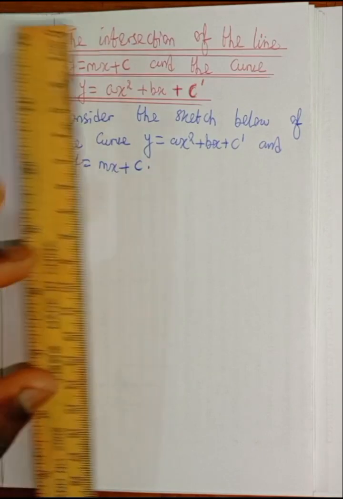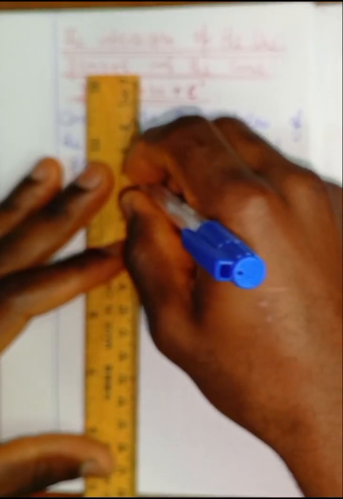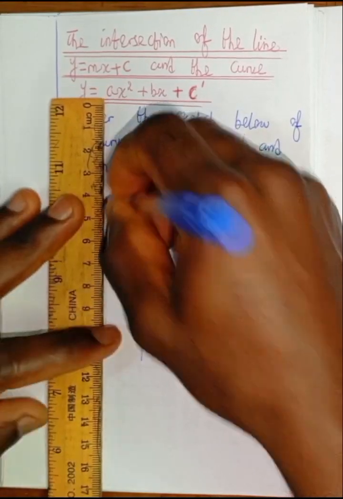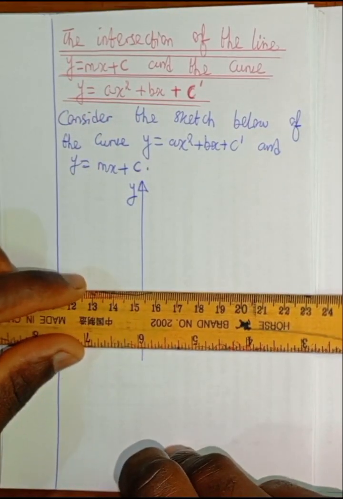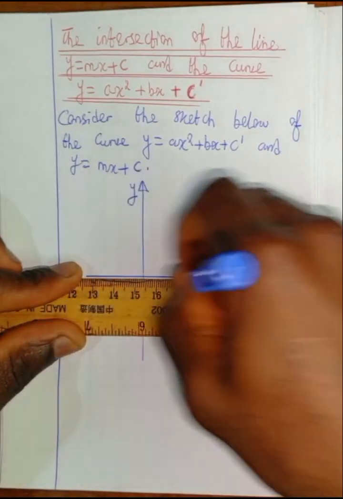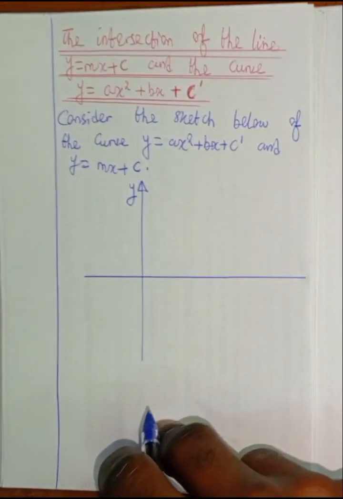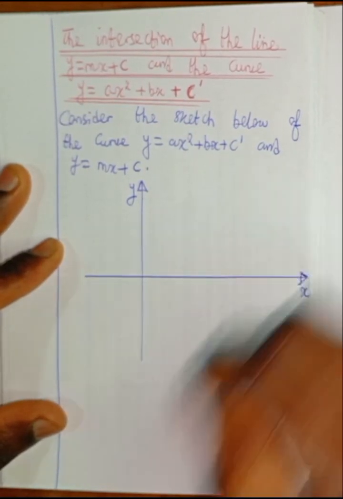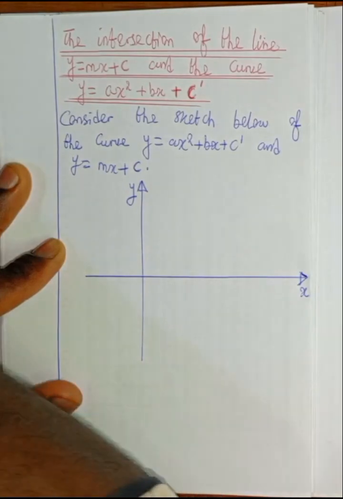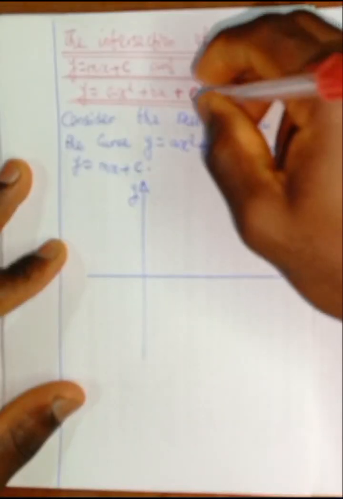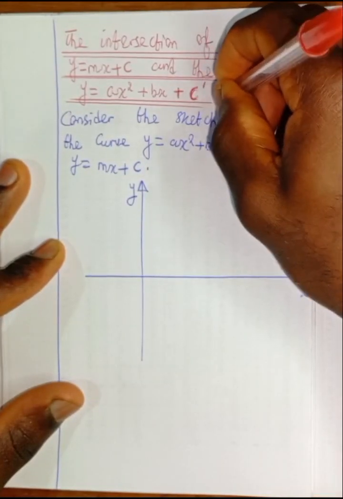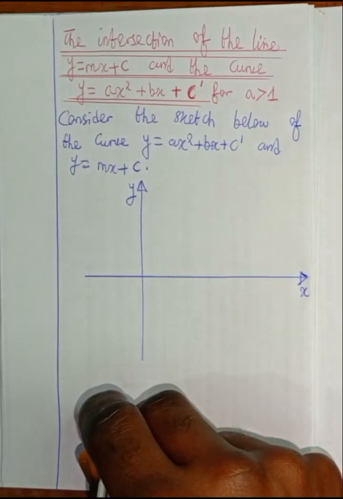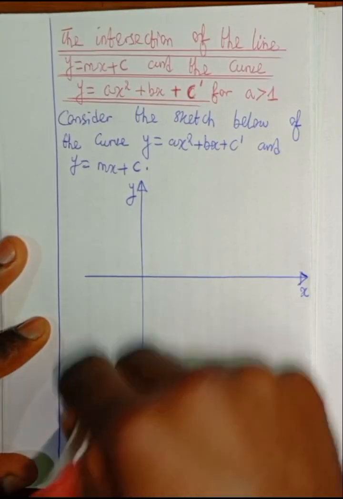Let's draw the sketch. This is our y-axis. This is our x-axis. And in this case, we assume that a is greater than 1. Remember, when a is greater than 1, that means we have a valid parabola.